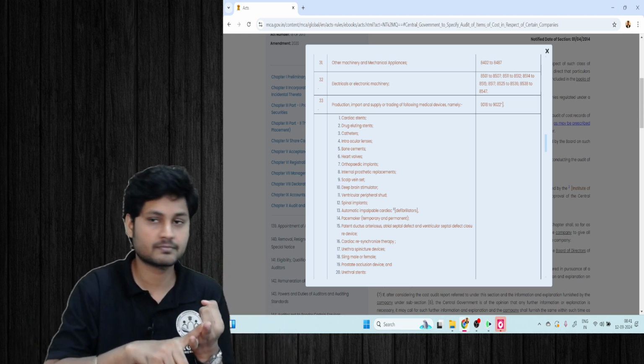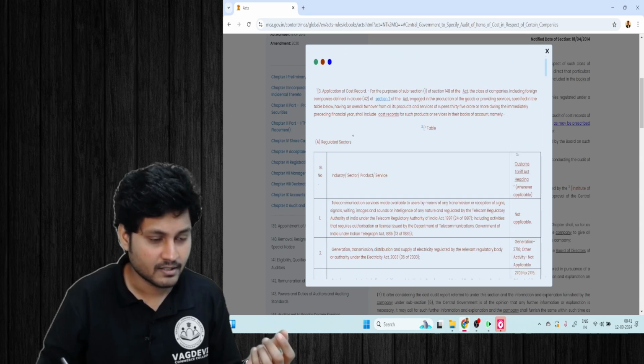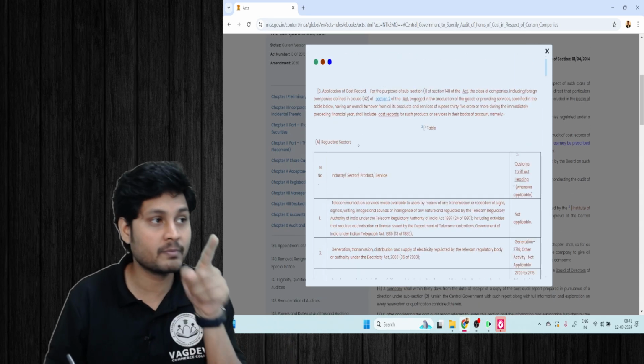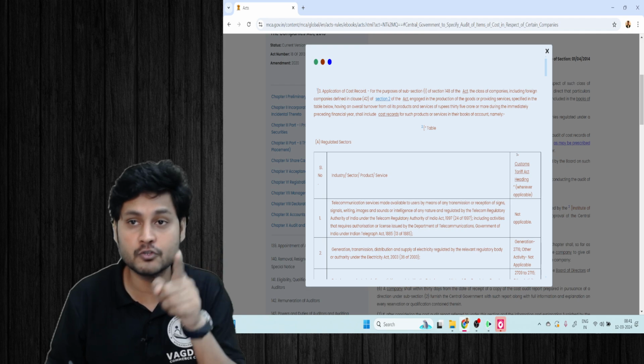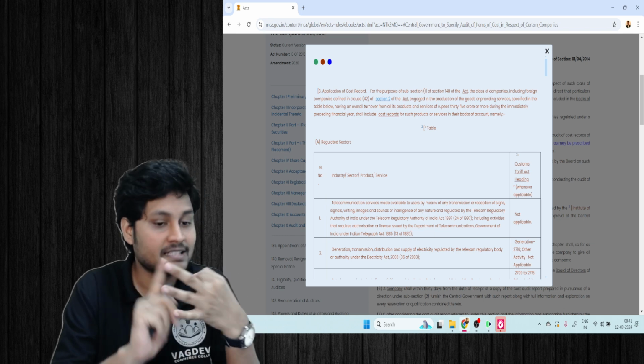Any kind of company or industry specified in this table, either A or B, is required to maintain books of accounts in relation to cost, maintaining the details of material, labor, and other costs.